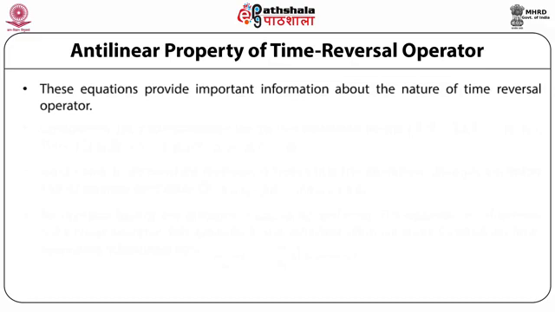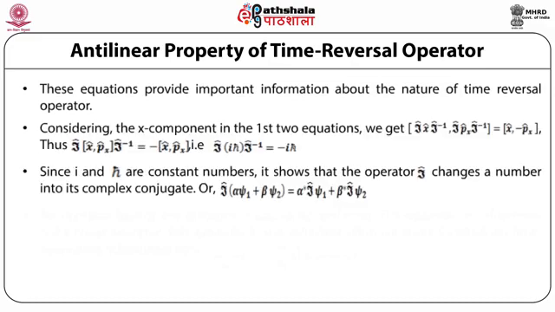So, if we consider the x component in the first two equations for the time reversal operator, then we get the commutation relation between the time reversal operator acting on the operator x times the inverse of the time reversal operator, with the time reversal operator acting on operator px times the time reversal inverse operator.